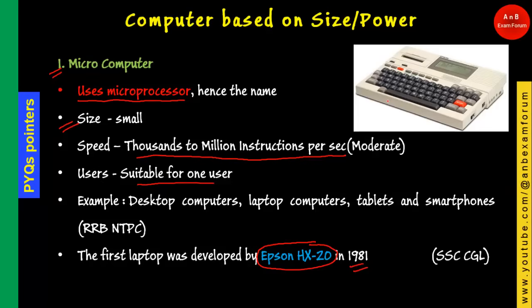It has all the features. Why is it called a laptop? Because you can take it in your lap and do the task by sitting anywhere. So the first laptop was developed by Epson HX20. Just remember the name, Epson HX20.